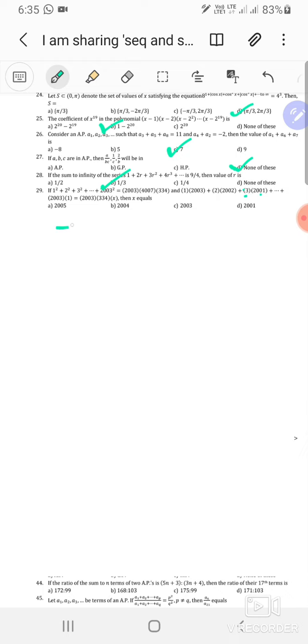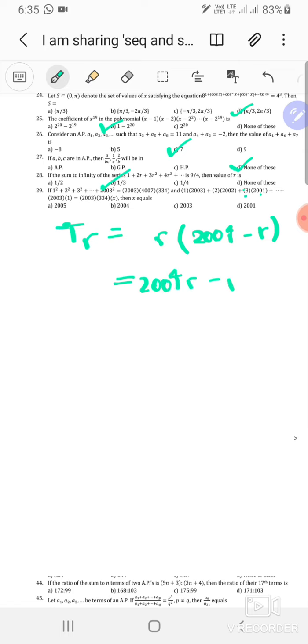So what's the general form of every term? You have t_r equal to r into (2004 minus r), which is 2004r minus r squared. Okay, so if we sum this up from r equals 1 to 2003, that's exactly what we are doing over there.